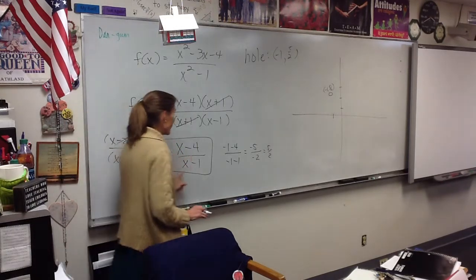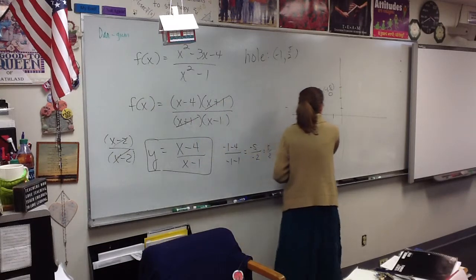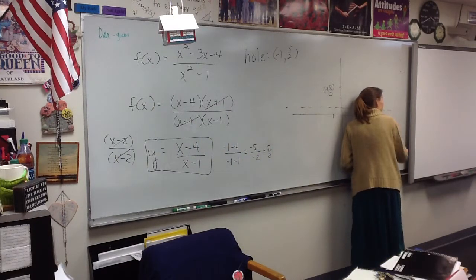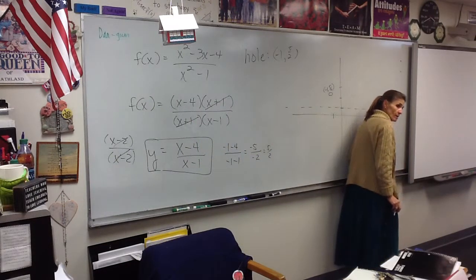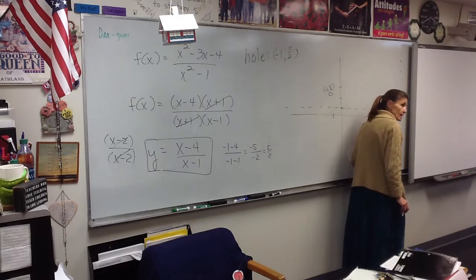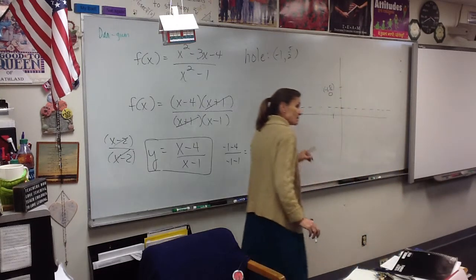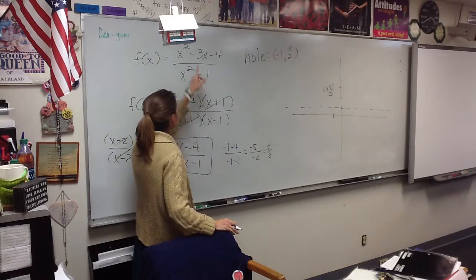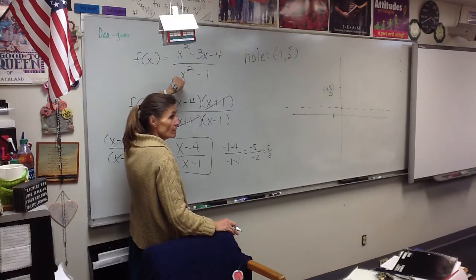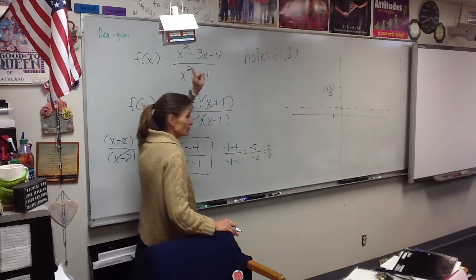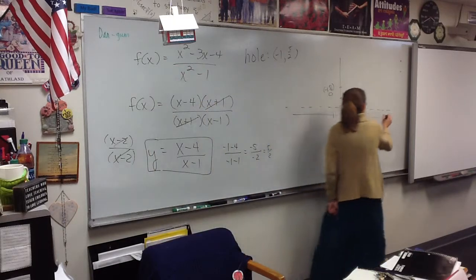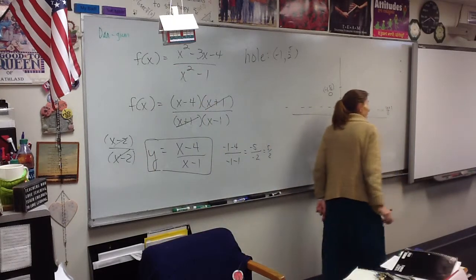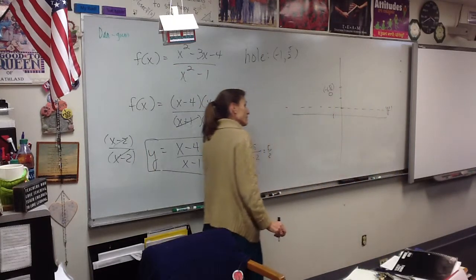The horizontal asymptote is at 1. Does everybody see that? You have x over x. If you did look at the beginning problem, it would still be the same. You have x squared over x squared. All right, Savannah.